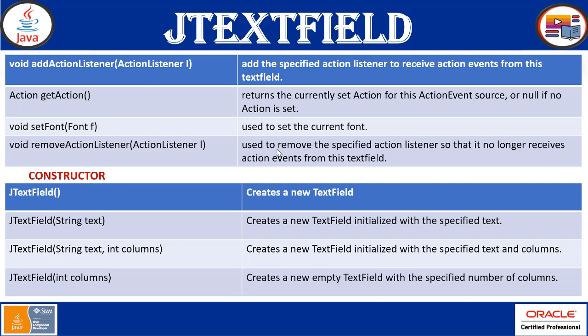Another constructor takes the arguments text and columns, which means that the specified number of columns is initialized with the specified default text. And JTextField(int columns) creates a new text field with a specified number of columns.